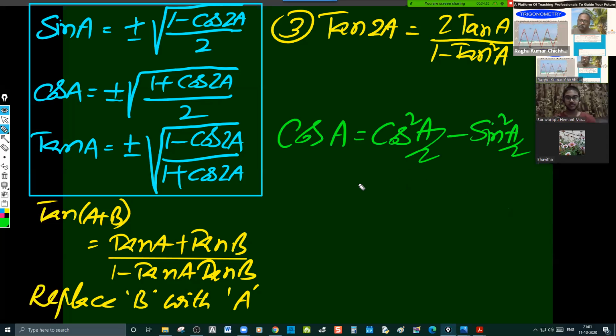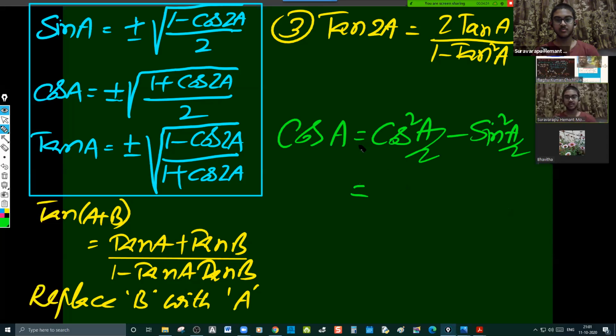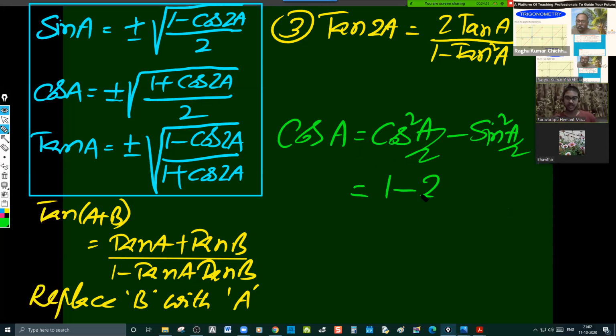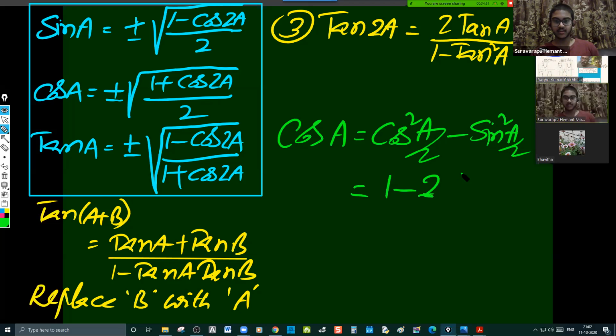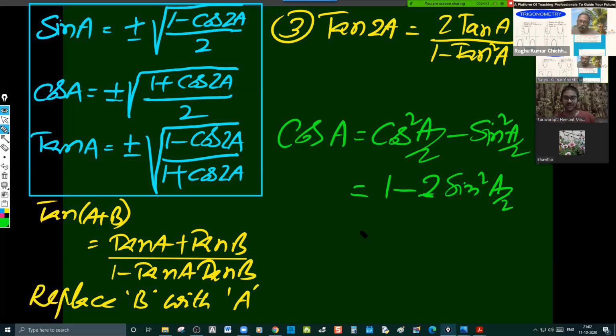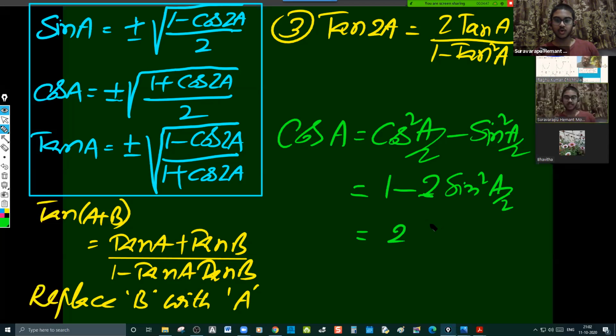Other forms: 1 minus 2 sine square A by 2, and the other one will be 2 cos square A by 2 minus 1.